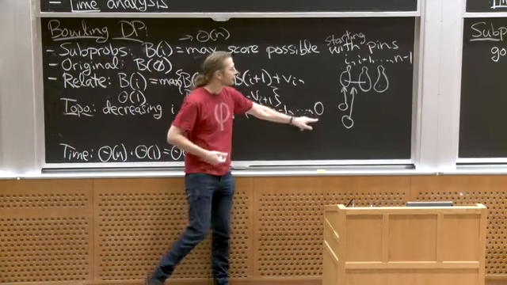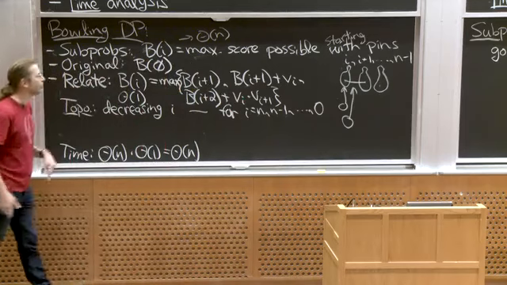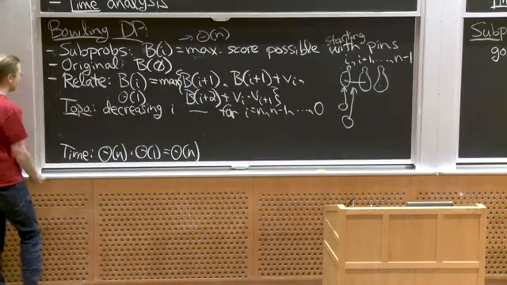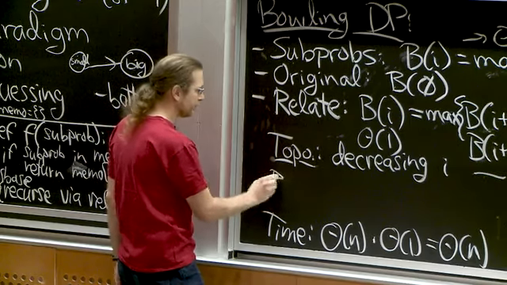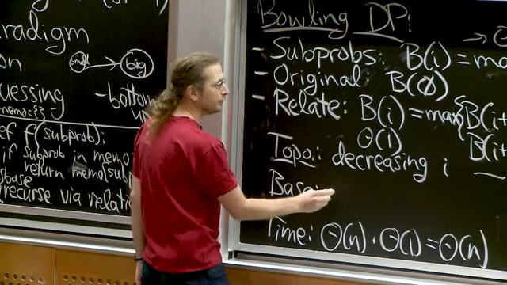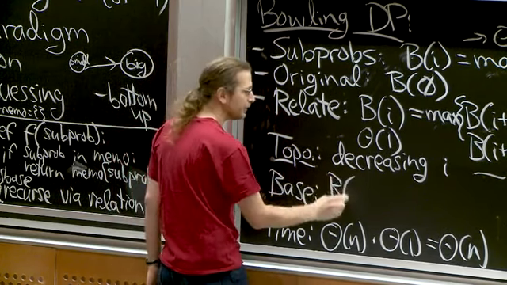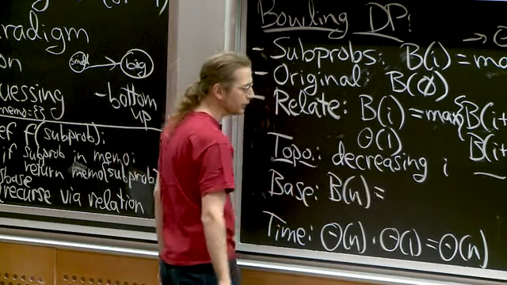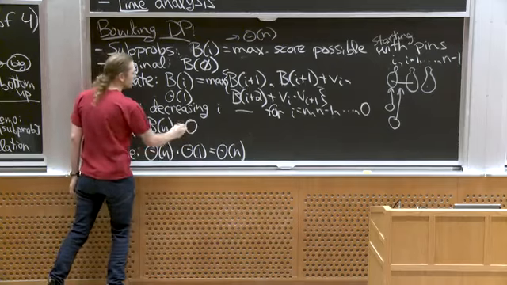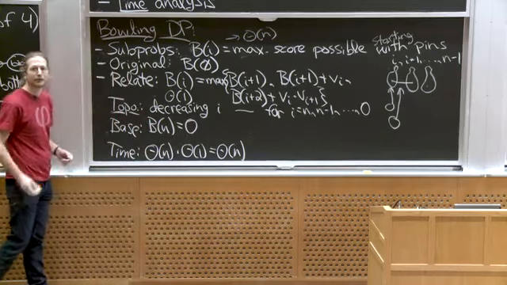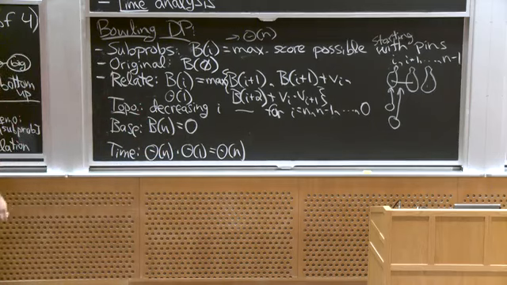The suffix starting at 0, that's the one I actually want to compute. That's the final suffix I should be computing. And then we have a B for base case, which is that first case, B of n equals 0. Because there are no pins, so I don't get any points. Sad.